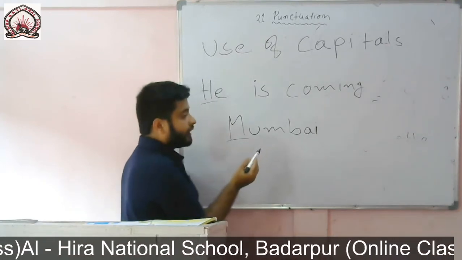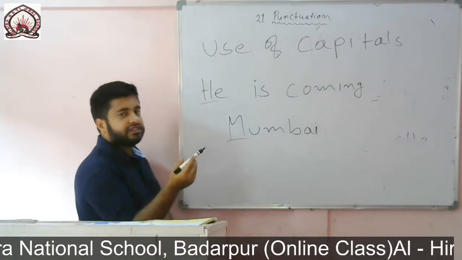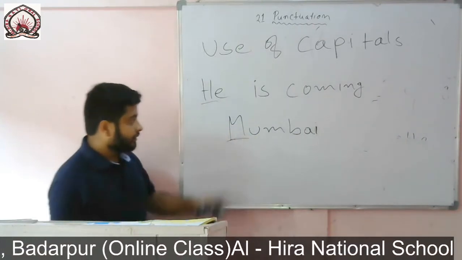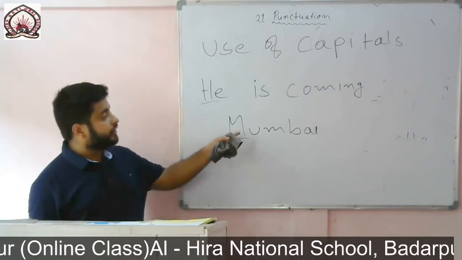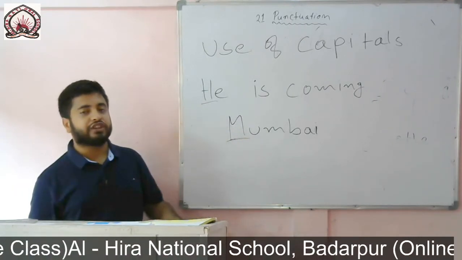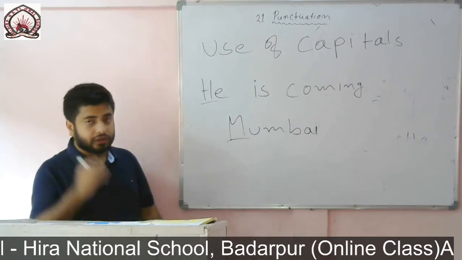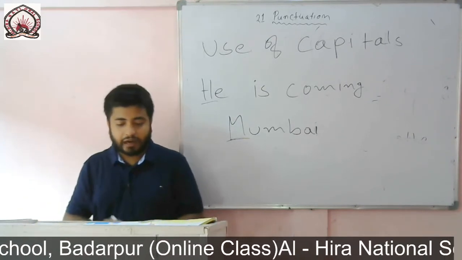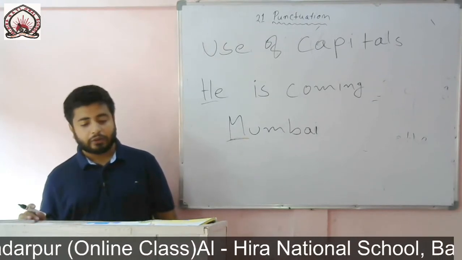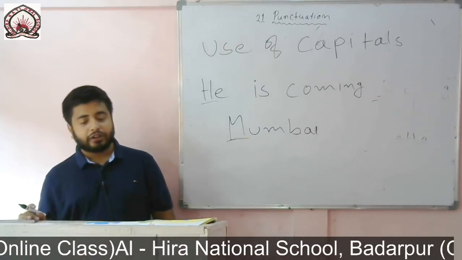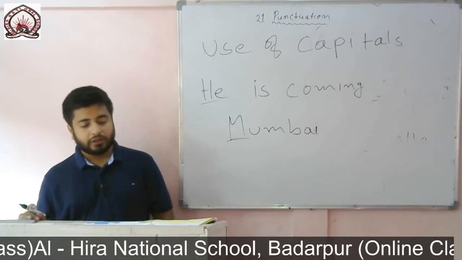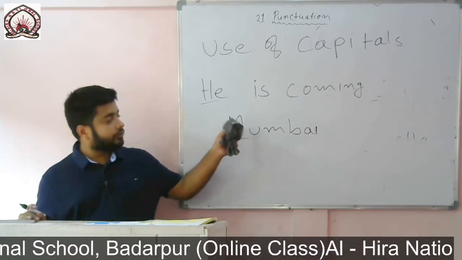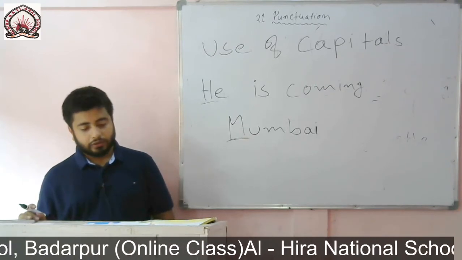If we start a sentence, then the first alphabet should be capital. For that I have written M capital. But if we find Mumbai in the middle of a sentence also, then we have to use capital. So for all proper nouns, even in the middle of the sentence, we have to use capital.